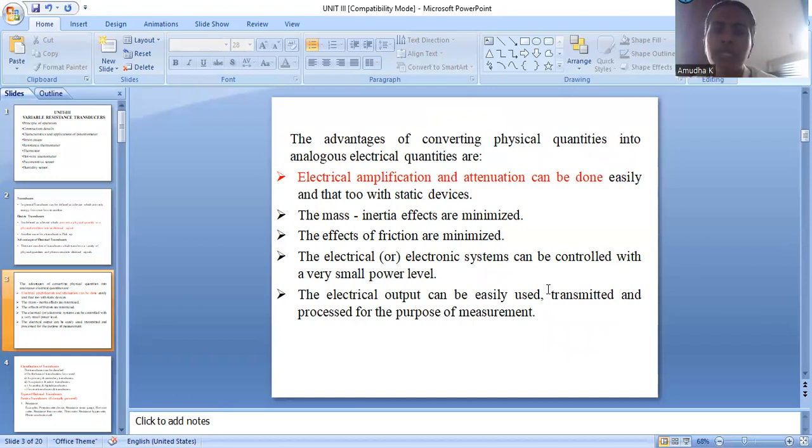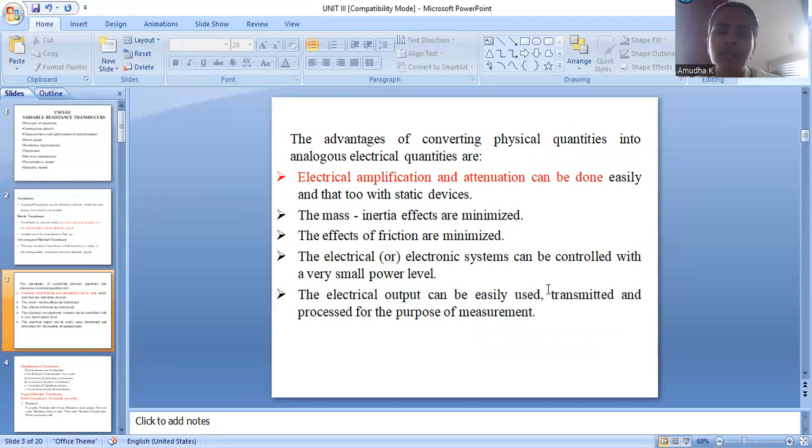For these systems, we give an external force. For a mechanical translational system, the force is expressed by capital F. For a mechanical rotational system, the external force is torque, the angular force. So for converting these physical quantities into electrical quantities, the mass inertia effect is minimized, and the effect of friction is minimized.